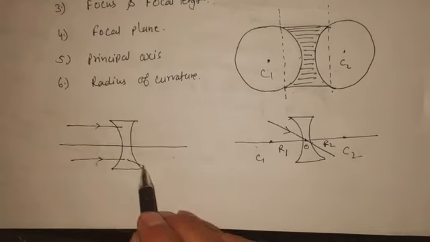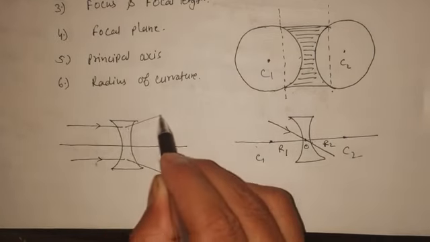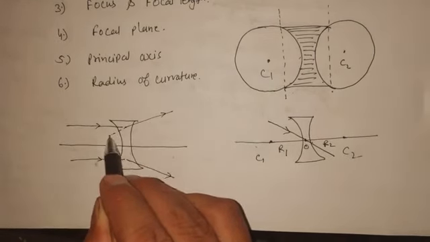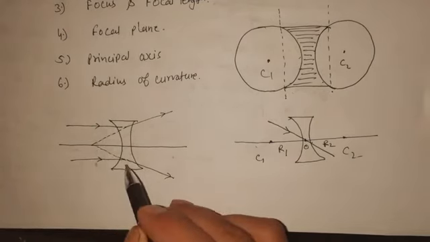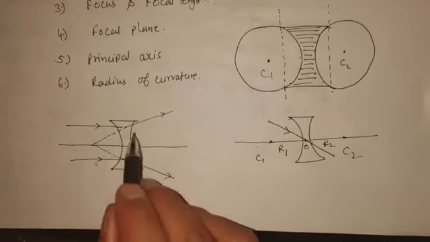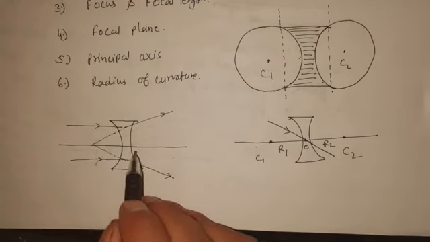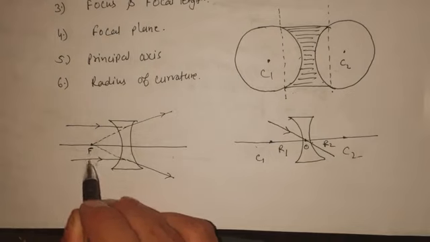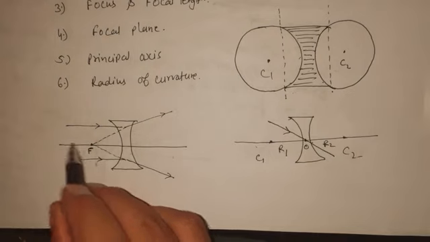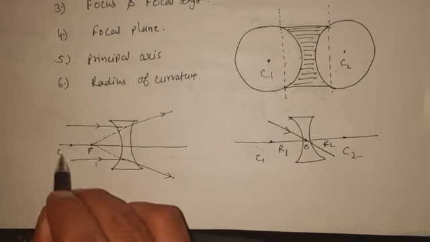Therefore whatever measurement is against the direction of light, we take as negative. Thus we have a negative focal length for a concave lens. The focal length of a concave lens is negative. Okay, so these are the terms related to this lens.